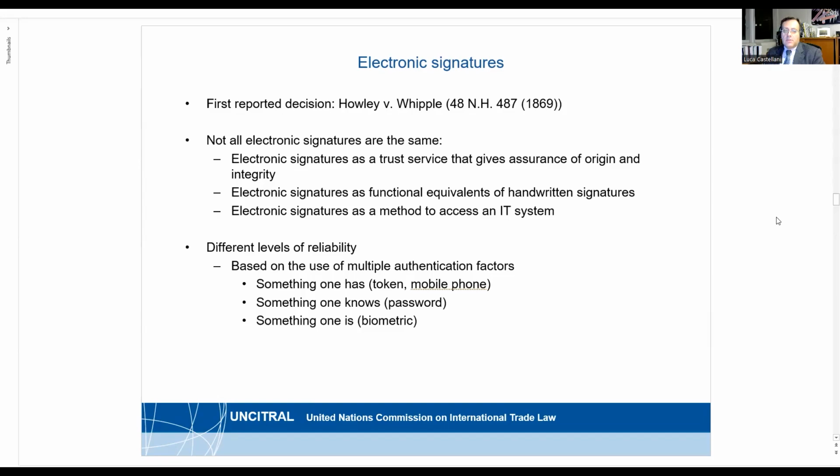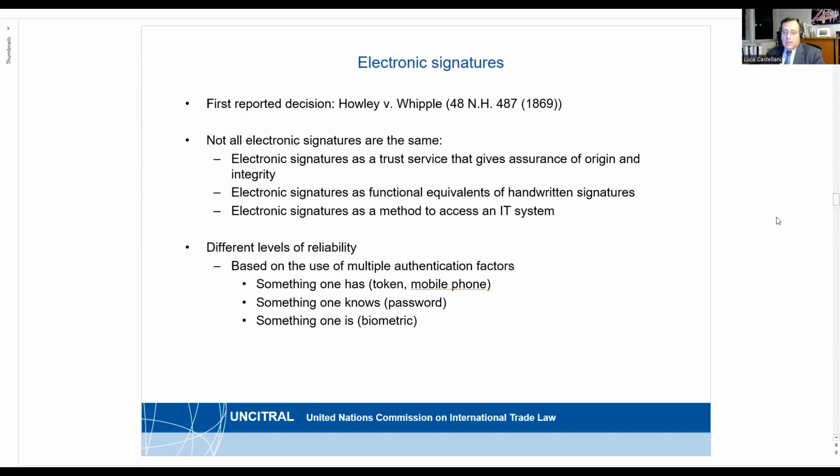But there is also a little bit of confusion when it comes to the use of the word electronic signatures. So in some cases, electronic signatures are considered as a trust service, that is to say, an online service that gives assurance of quality of data. In this case, the electronic signature is giving assurance of the origin and of the integrity of the data. In other cases, we look at electronic signatures as the functional equivalent of handwritten signatures. So we are there satisfying a contract law form requirement.